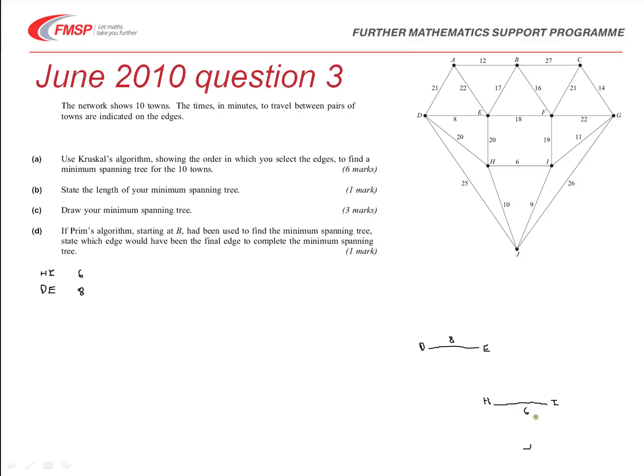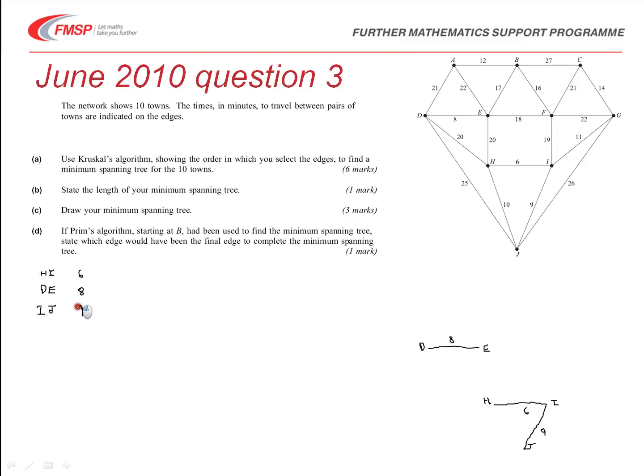So I to J goes in there, a length of 9, and once again we put that in our list.